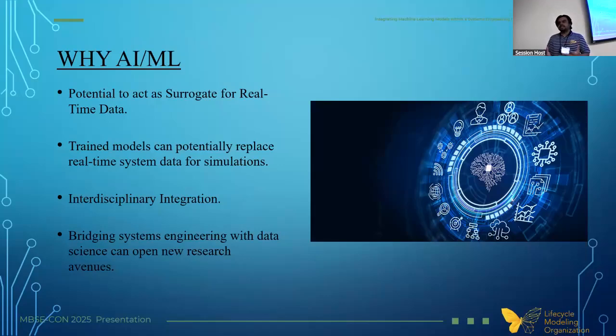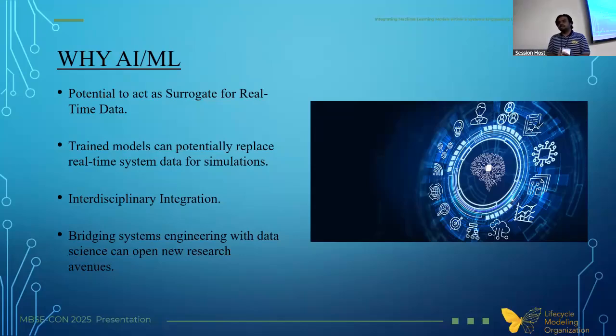That feasible solution was that my machine learning models can act as a surrogate, an alternative to those incompatible systems that do not allow me to connect their data to my system simulation. Can I take these machine learning models, train them on the incompatible system's data, and instead use those models as a surrogate, a data generation entity in place of that incompatible system, in my system simulations to run those real-time simulations?